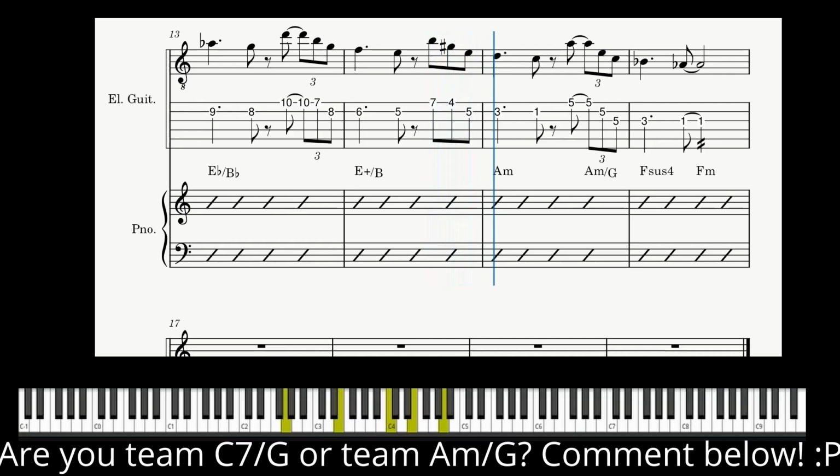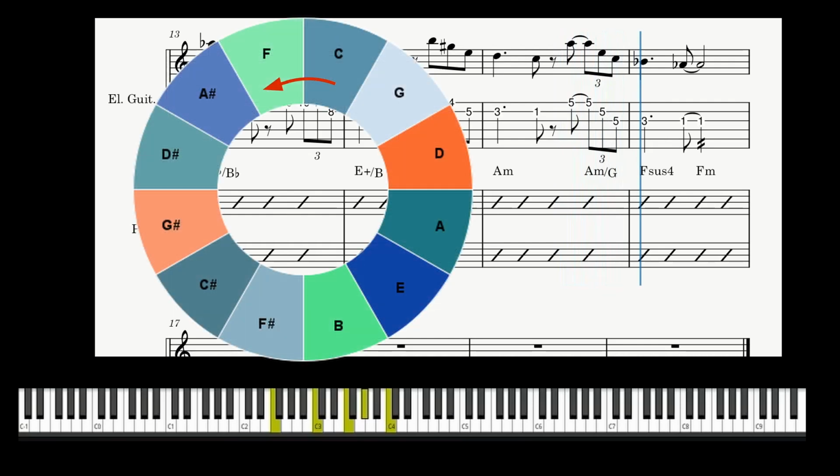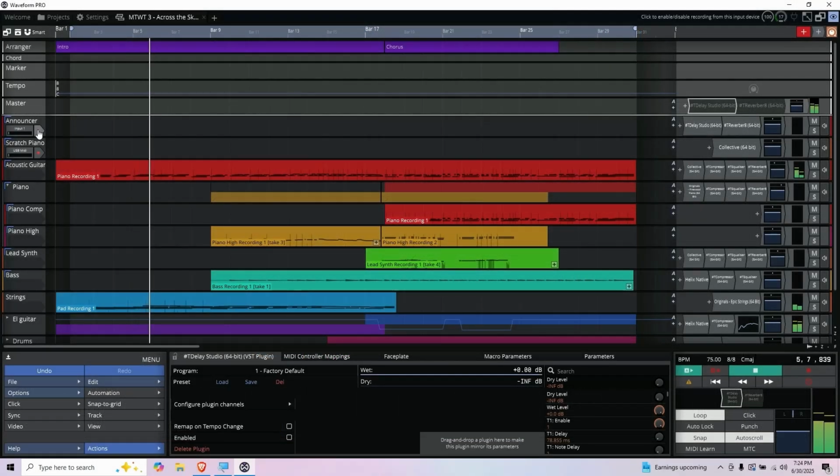The C moves us very nicely to an F, and an F sus, I suppose, if you're looking at the melody. C and F are also, yet again, related to one another through the circle of fifths. So it's very interesting to look at how chord progressions are manipulated and chosen throughout the part of the song.